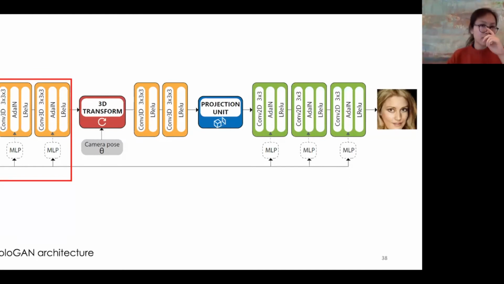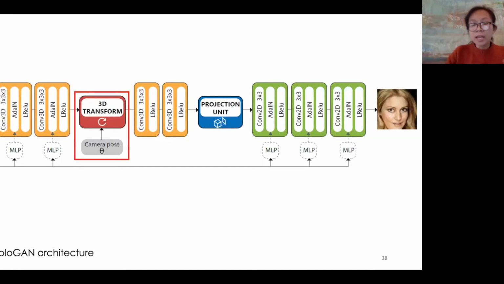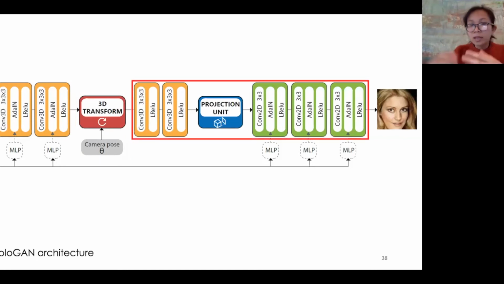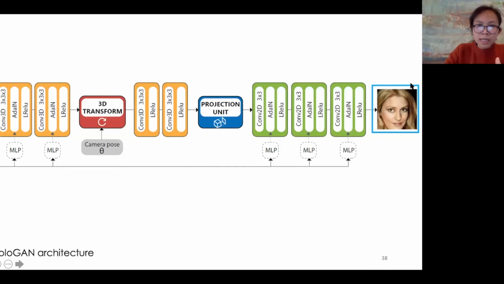And then you can render them from a particular pose by doing a 3D transformation, and then render them to get the final images. So this part here basically renders it: it's 3D convolution, the projection unit, and the 2D convolution to do the shading to get the images out. But now, instead of giving a pair of pose and shapes to this part, we actually learn the 3D transformation itself.